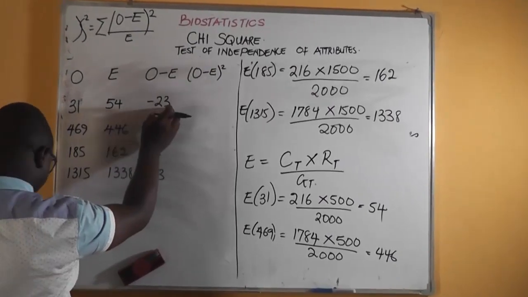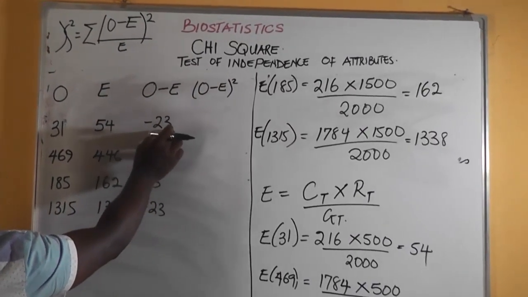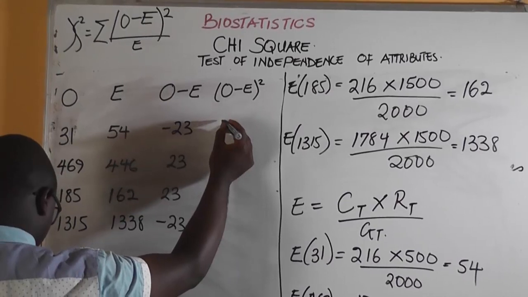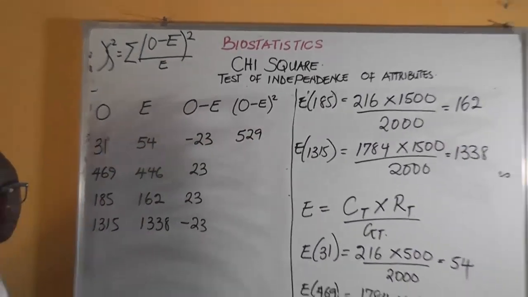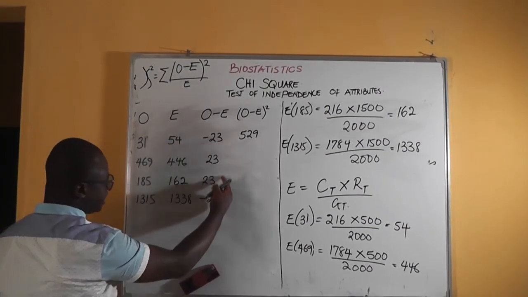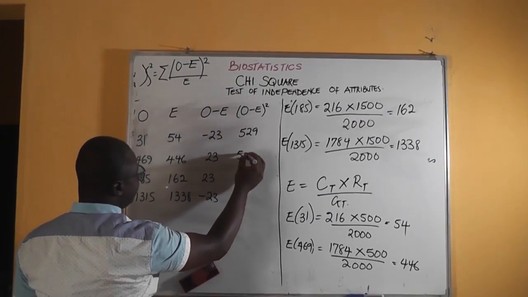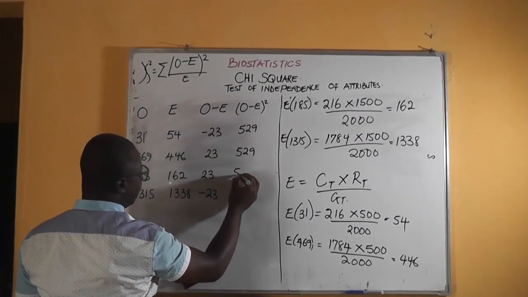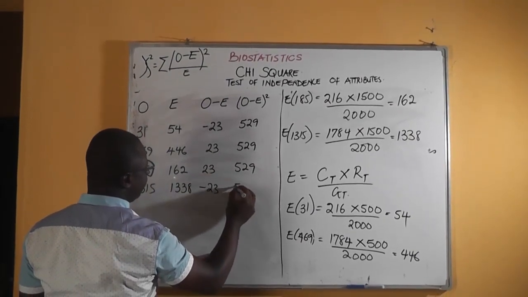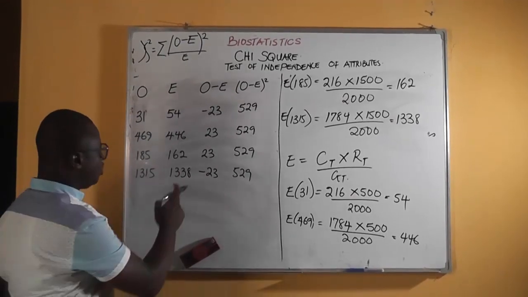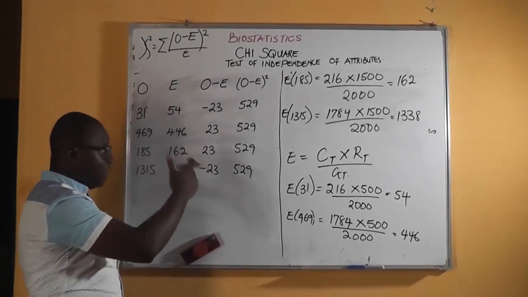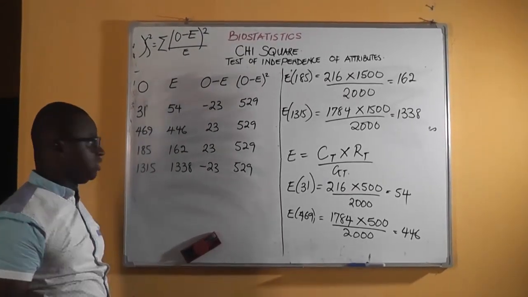So if I square this value on your calculator, you are going to get 529. Since all the values are the same, everything will be 529. Don't worry about the negative, because when you multiply minus 23 by minus 23, it's going to give you positive.